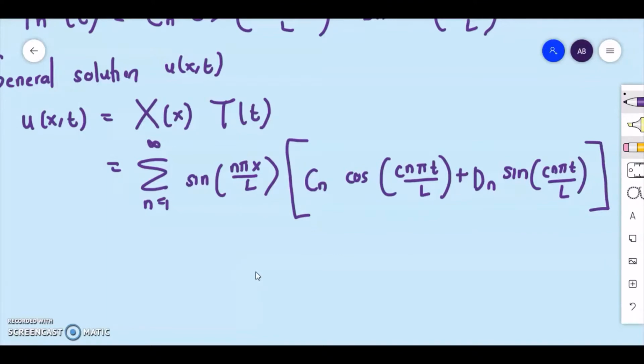So now the next step, hopefully the final step we want to do, is to solve for c_n and d_n. We can do that by looking into the initial conditions. So now we can use the initial conditions to solve for c_n and d_n.